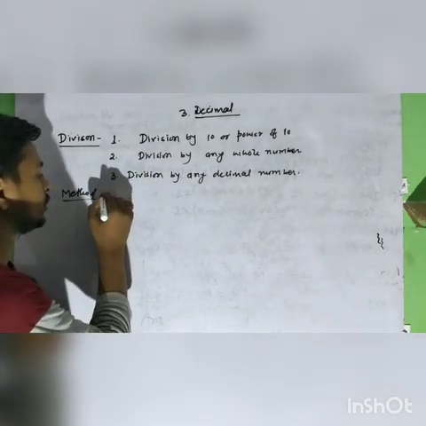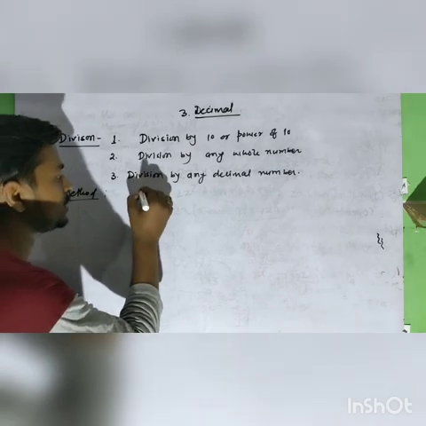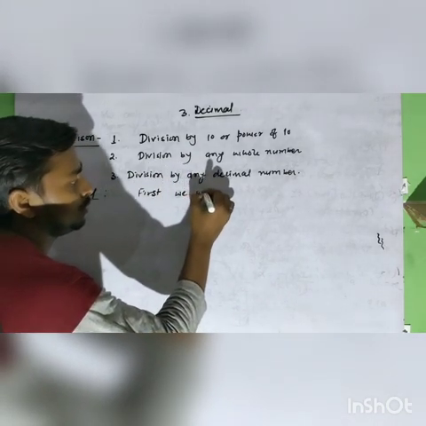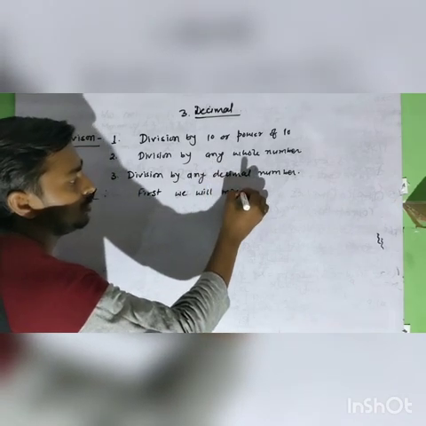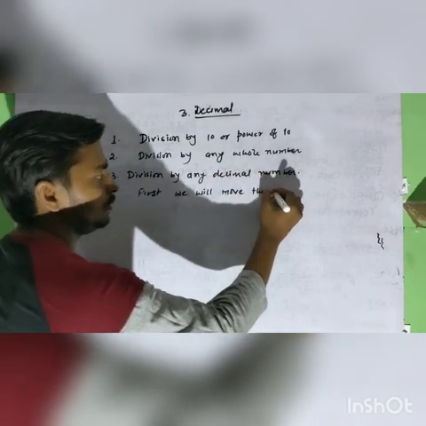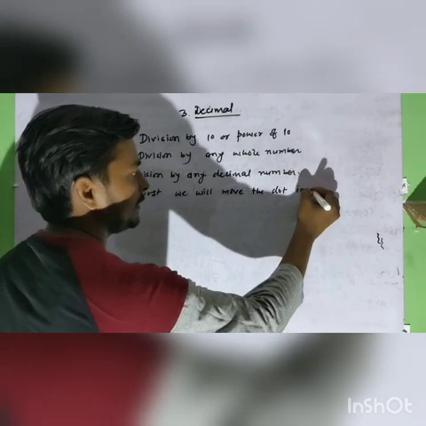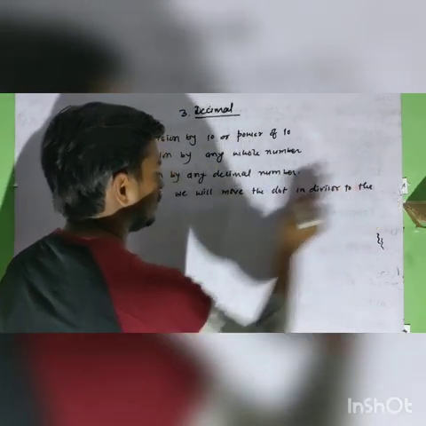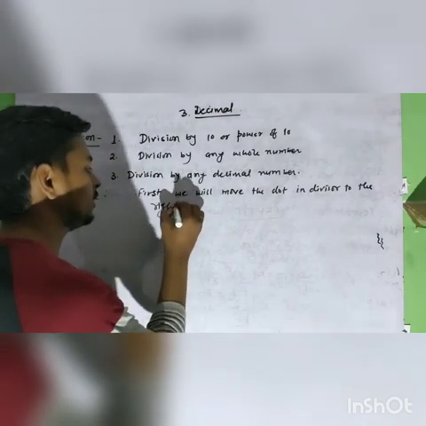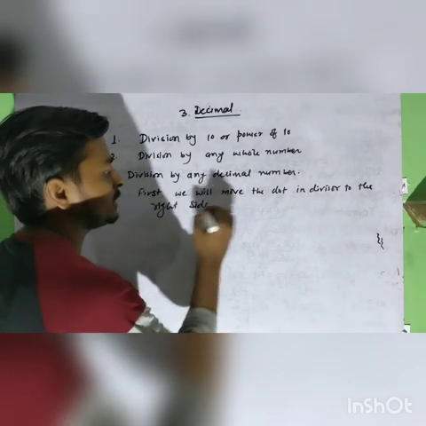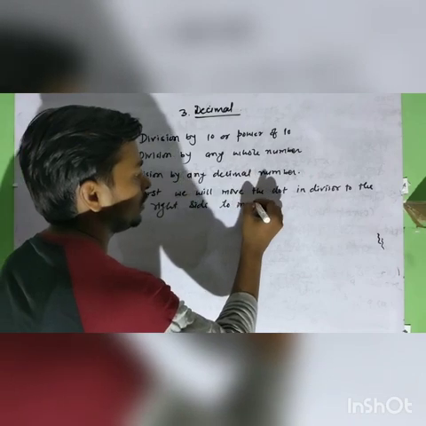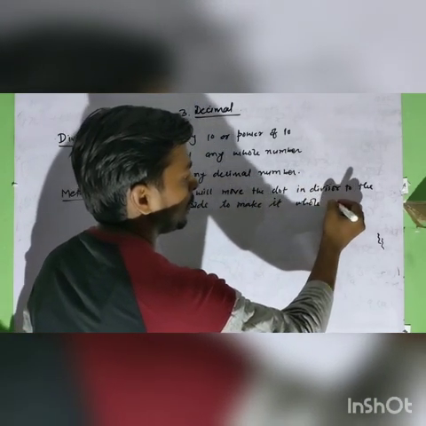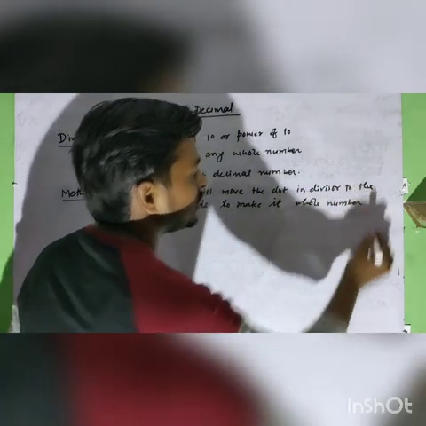The method is, first, we will move the dot in the divisor to the right side to make it a whole number. This is the first step.